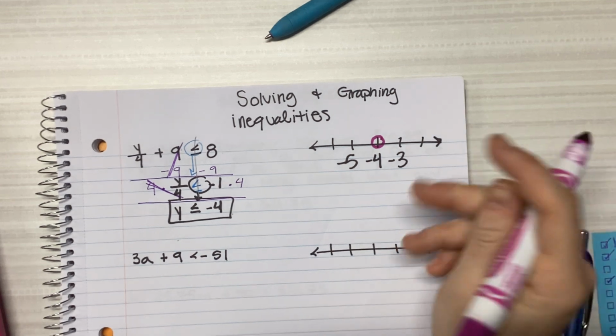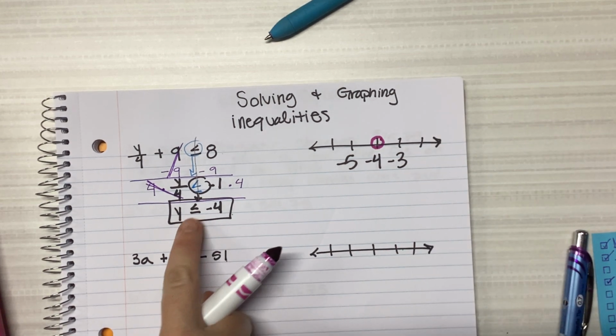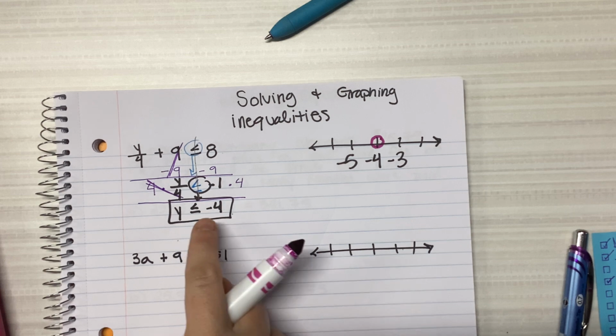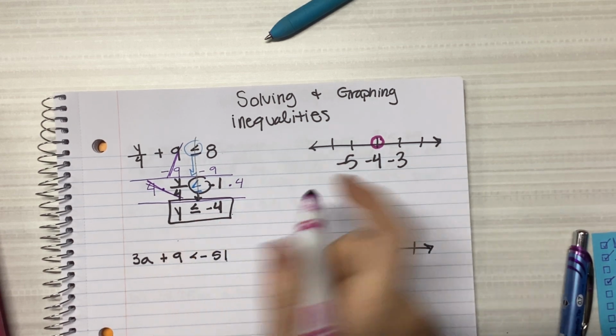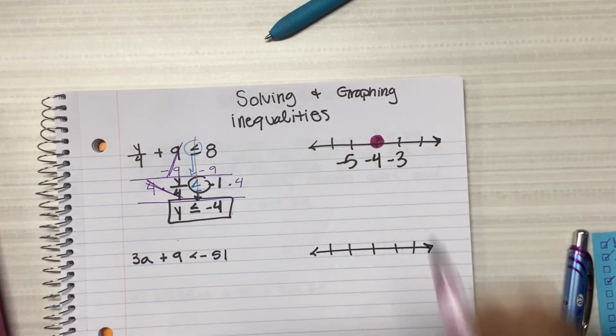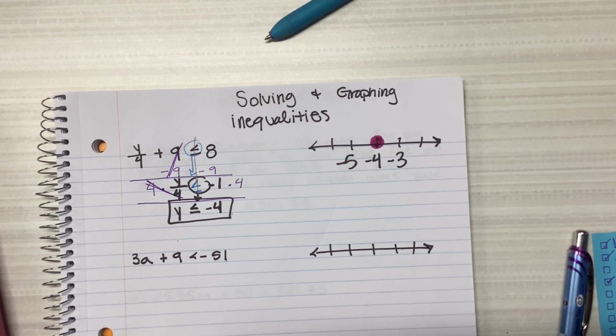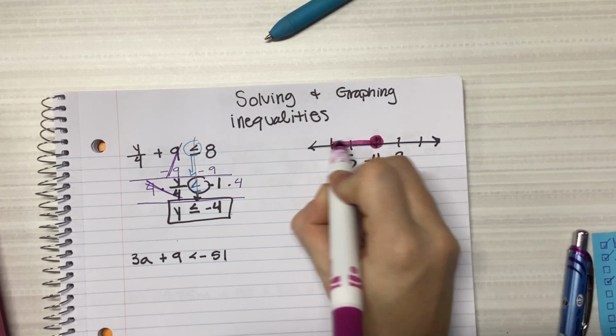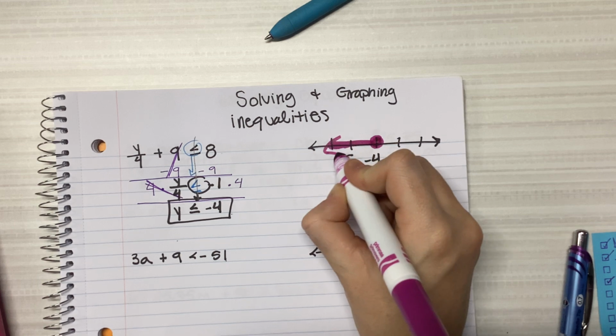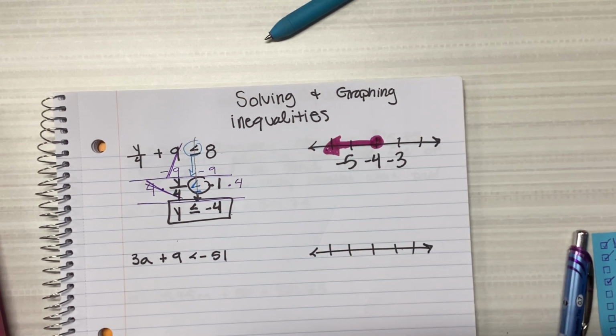And I color in anything that is true. I want anything that is less than or equal to negative 4. Since it's equal to it, I get to color in negative 4. And then less than negative 4 is this direction to the left. So that is what my graph should look like.